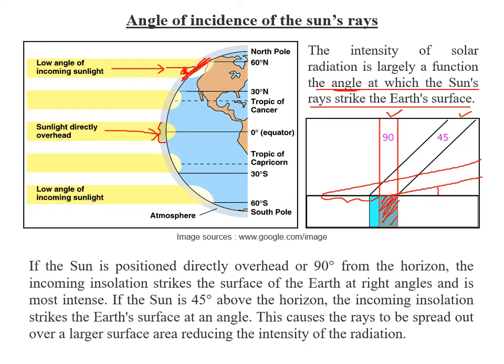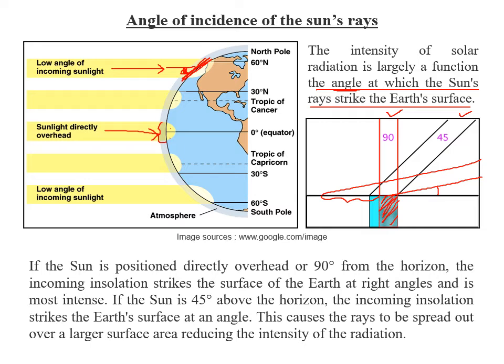Whereas the same amount of energy, when it is dispersed over a much larger area, causes the rays to spread out over a much larger surface area, and thereby the energy received at each point in this area will be much less compared to the energy received at any point near the equatorial region.